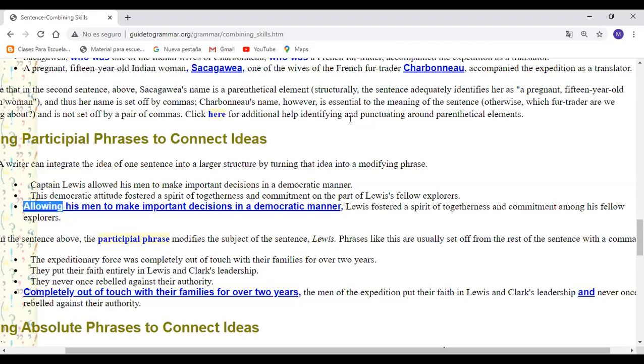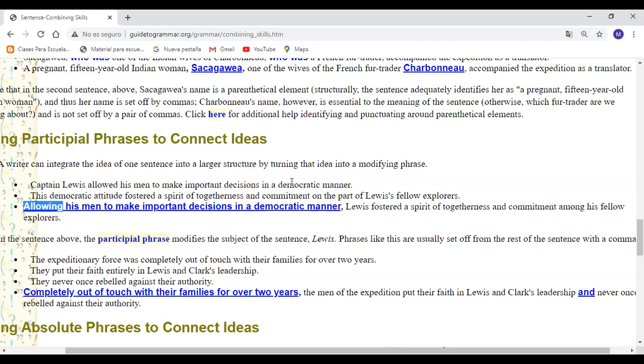So always when you see a verb in -ing that is not the verb of the sentence, in the majority of cases it will be a participial phrase. Or if you see it at the beginning of a sentence as a subject, it also will be a participial phrase. A participle is when we just have the word, in this case, swimming.